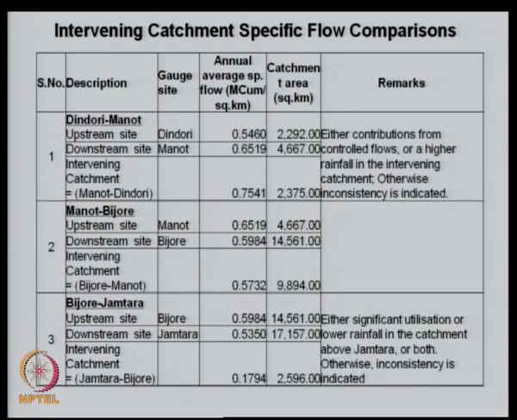That means you are using the water and therefore the intervening catchment is yielding less, or there is significantly lower rainfall in that particular catchment and therefore you are getting a smaller specific flow in the intervening catchment, or both of them may be true.